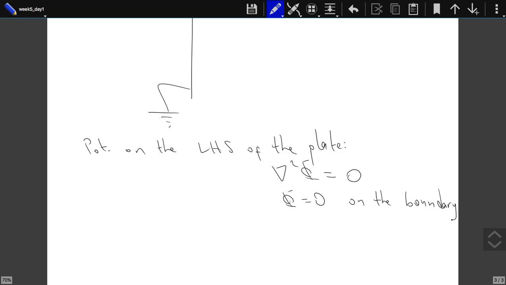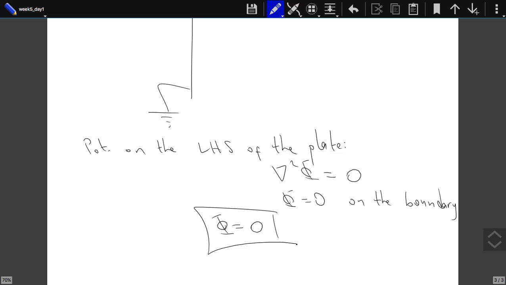So what is phi everywhere in my volume? What is a function that satisfies the Laplace equation and is 0 on the boundary? The easiest one, the simplest one, 0. We guessed it. Well, does it satisfy our equation?